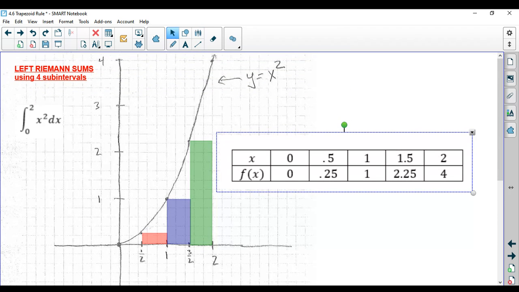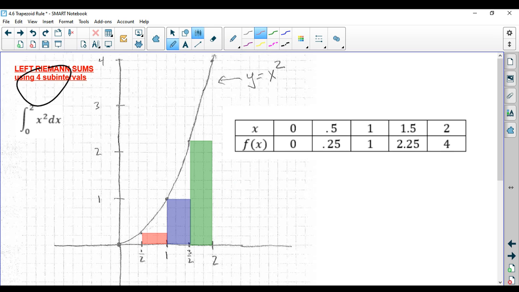So for the left, you're going to use the same exact table. Nothing changes. We're still using 4 subintervals. Do the exact same thing that we just did. The only difference is this. The first subinterval is 0 to 0.5, which is a length of 0.5. But now don't use the right value, use the left value, 0. Easy. Second rectangle, 0.5 to 1, so that's its width.